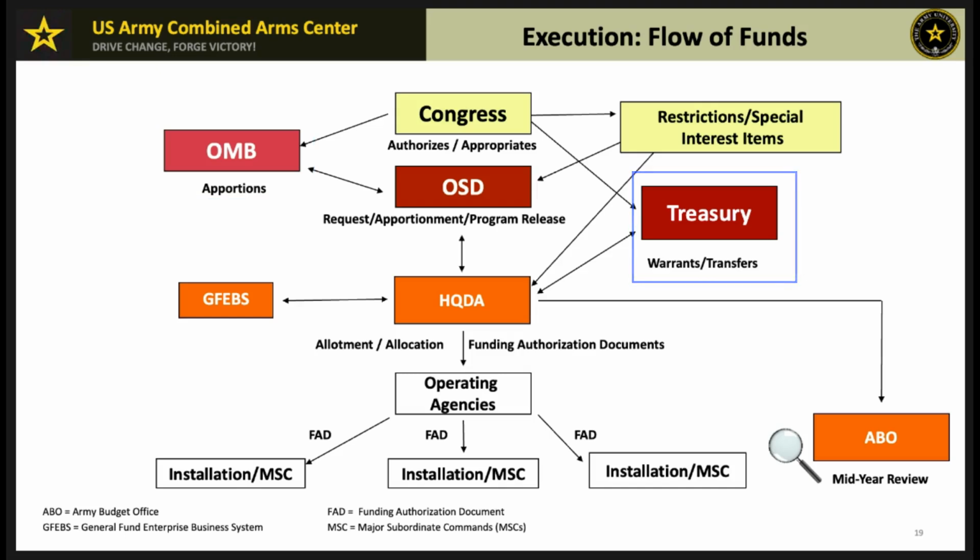The Undersecretary of Defense, Comptroller, authorizes program execution, and Headquarters Department of the Army allocates funds to operating agencies. These funds are then allotted to major subordinate commands and installations, managed through systems like GFEBS, and the Army Budget Office, the ABO, conducts a mid-year review to evaluate budget execution and adjust as needed.